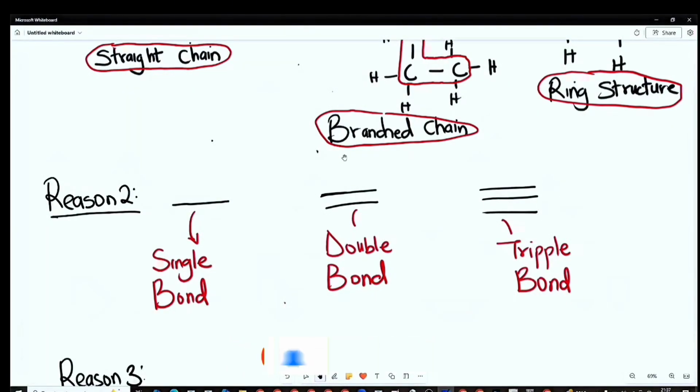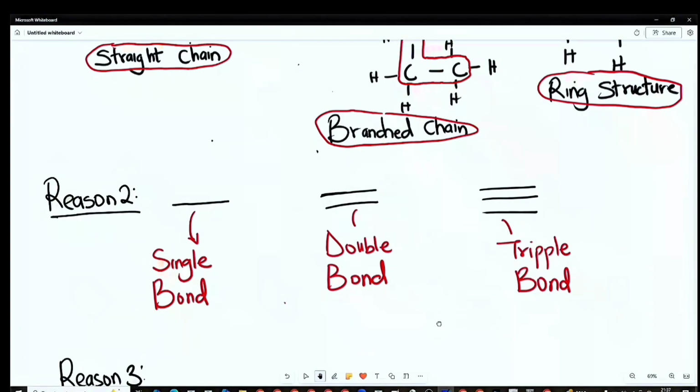We're going to get to the bond where we'll be looking at the saturated hydrocarbon and the unsaturated hydrocarbon. We're just building the blocks. So just take these three notes down: single chain, branch chain, and ring-like structure for catenation.